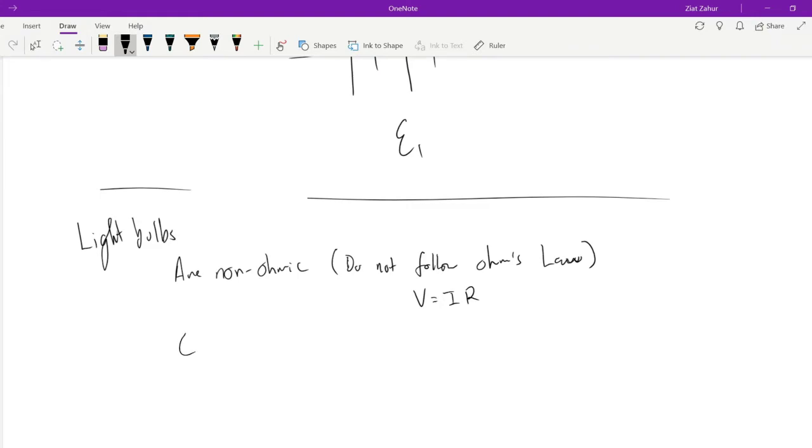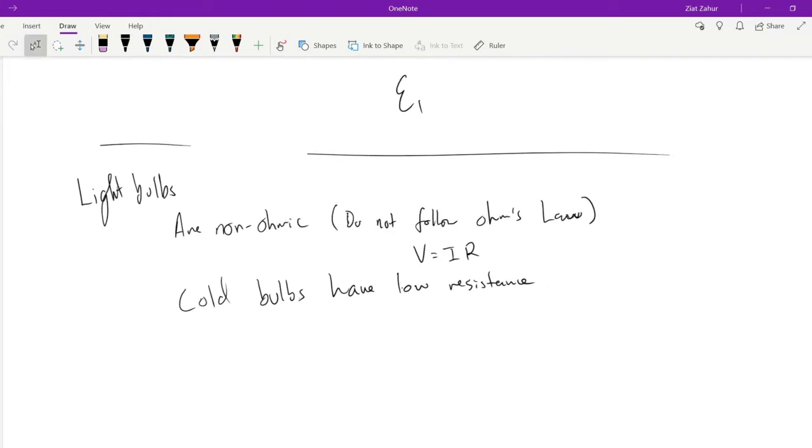That's because cold bulbs have a very low resistance. Whereas as soon as you turn it on, and when it gets hotter, it will increase its resistance to its actual value. So hot bulbs have high resistance.